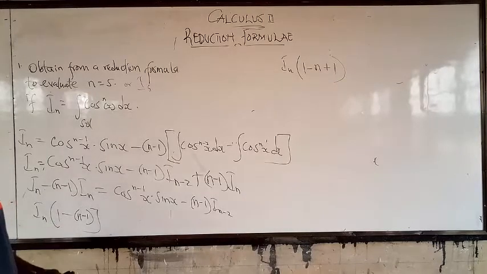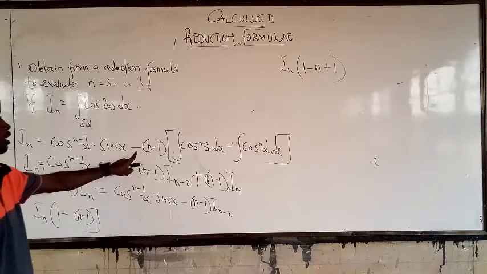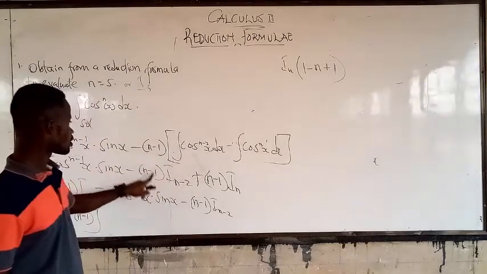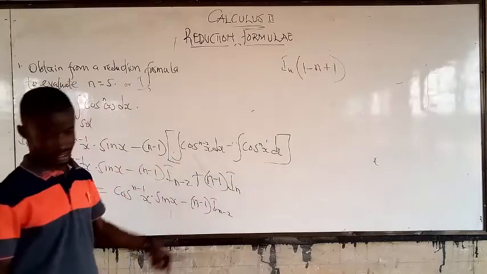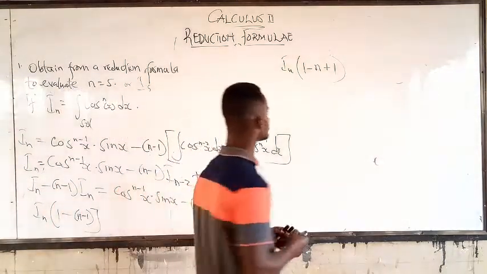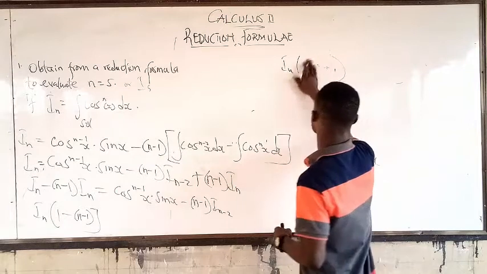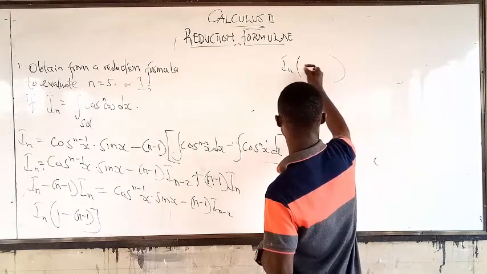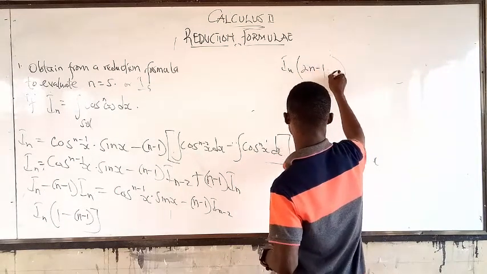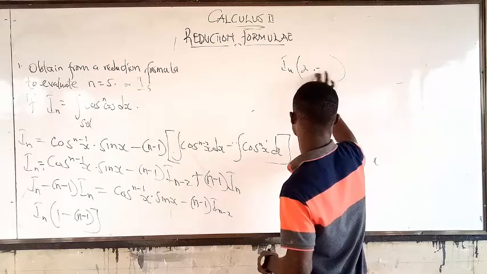Okay, so we get, yeah, this affects this, plus. There is no mistake. Let's continue. So this place, we are going to get 2n minus 1, 2 minus n.